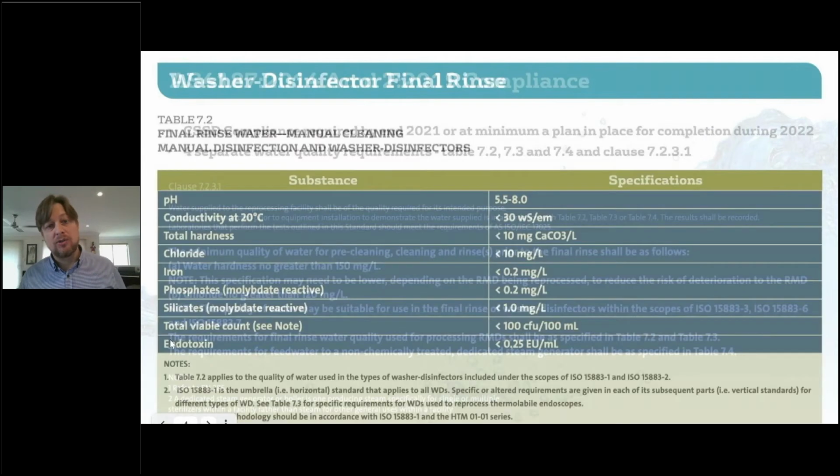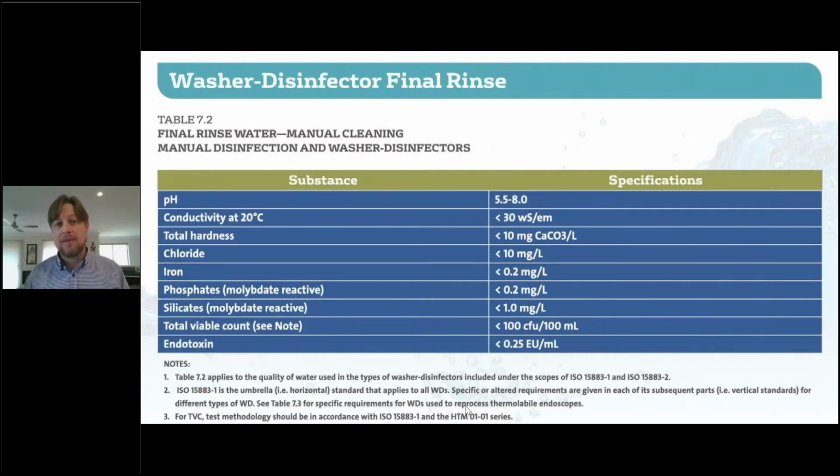Table 7.2 was the original table that came out when the standard first came out, and has had some variations, but with Amendment 2 that came out in 2019, there was the addition of Table 7.3 and Table 7.4. So 7.2 relates to your final rinse water for your washer disinfectors.